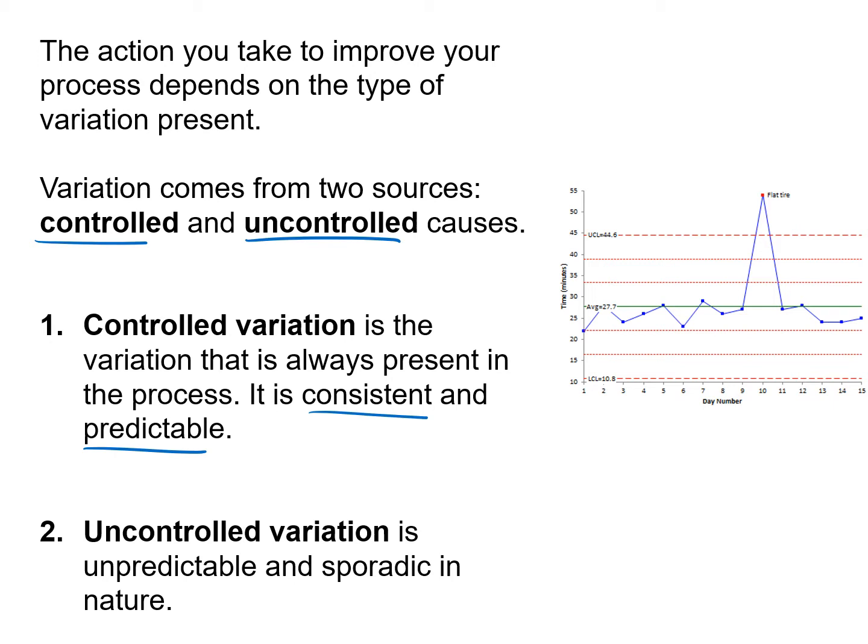The problem is when we have uncontrolled variation. That's unpredictable and sporadic, uncontrollable, random. We're not really sure what is happening to the process to make it so uncontrolled. So for our baking bread example, that would be like maybe you open the oven door and the temperature suddenly dips really, really low. Well, that's a problem.